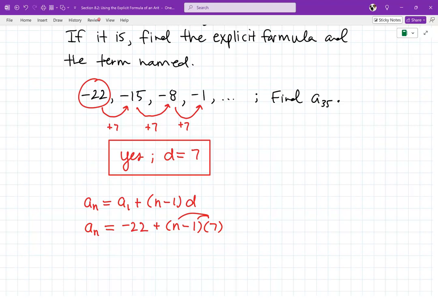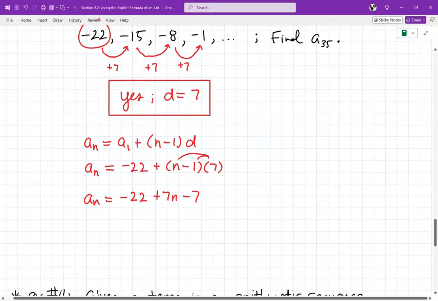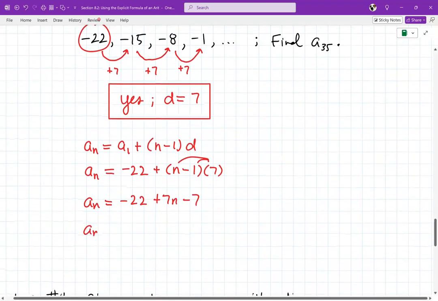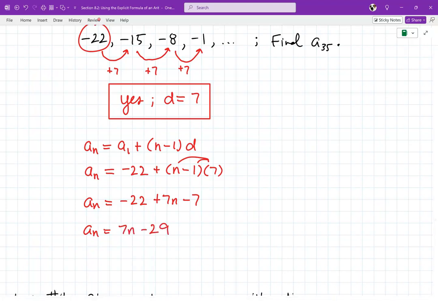So a sub n is equal to negative 22 plus 7n minus 7. So a sub n is equal to 7n minus 29. Here is my explicit formula, or the alternate form of it. Either one works.